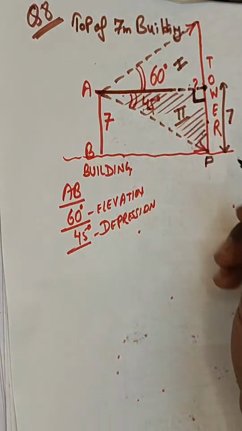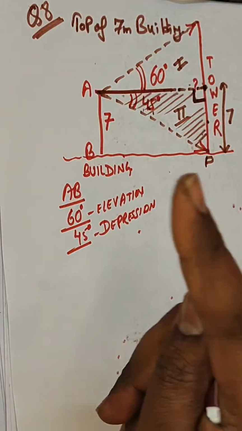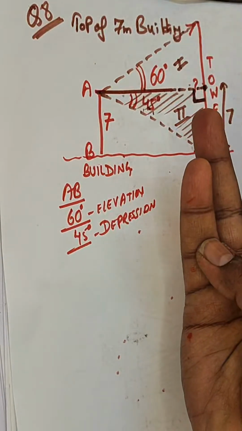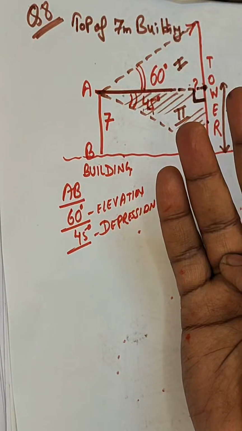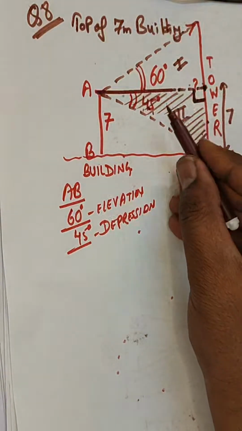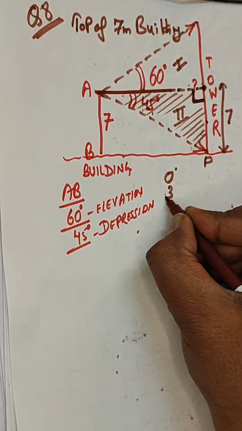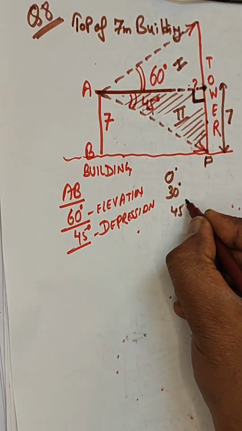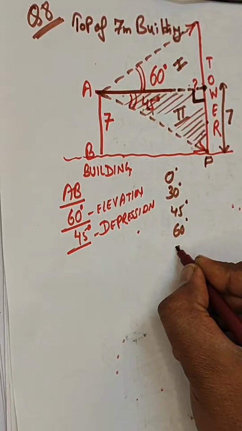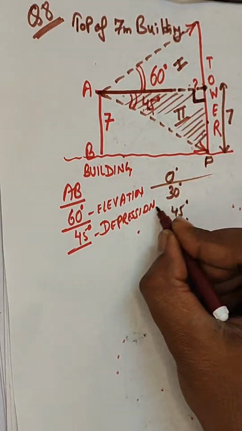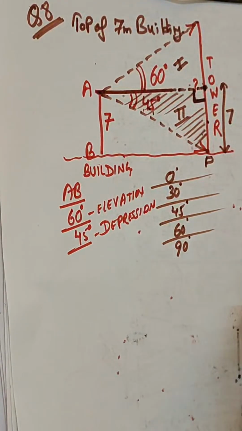Because you remember that sine, cos, sec, cosec, cot, everything you know for these five angles. Which five angles? 0 degree, 30 degree, 45 degree, 60 degree, 90 degree, right? All this you know, my dear friend.